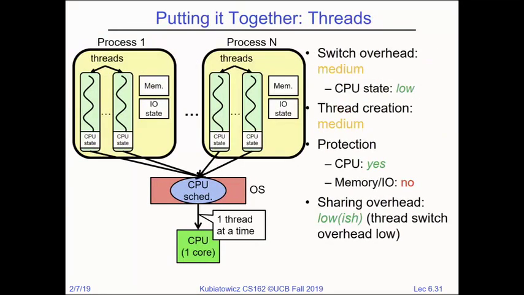And if you look back here, nobody asked what I meant by low-ish. See the thread switch time down there in the lower right corner, low-ish. The reason is that if we have two threads in process 1, and thread 1 writes to a variable and thread 2 reads from the variable, the variable part of that is a single memory location, so it's fast.